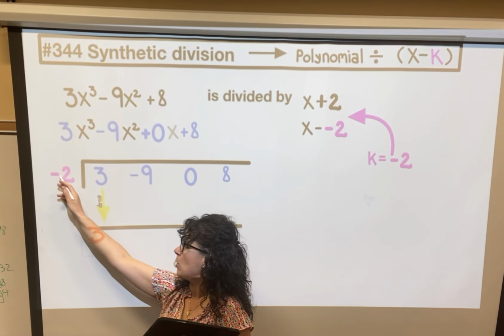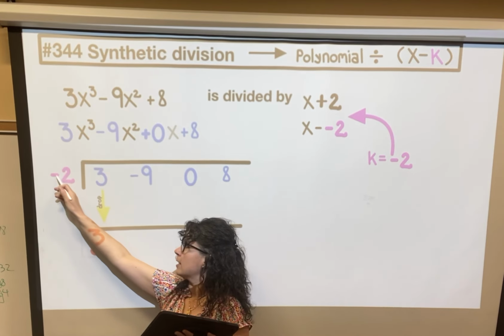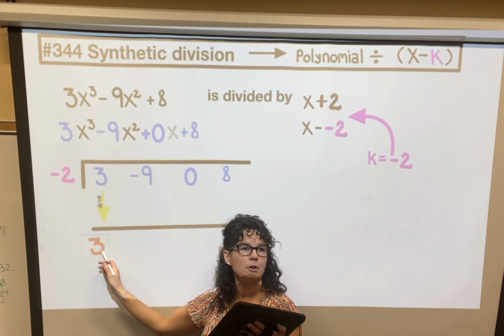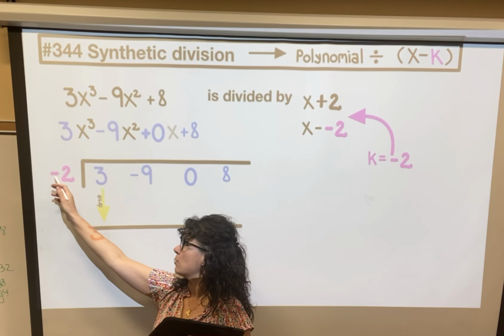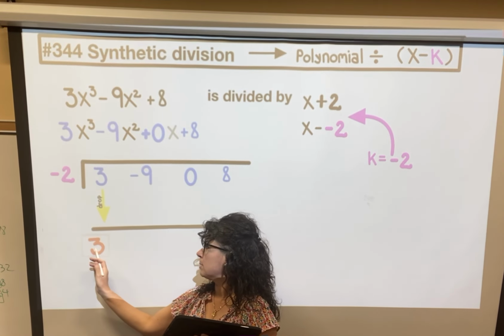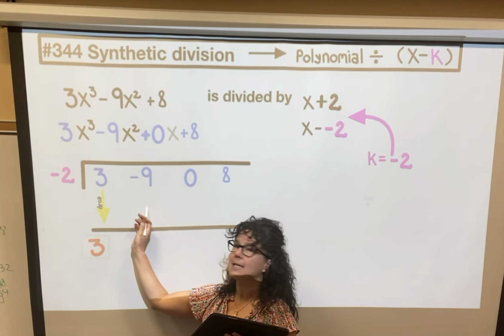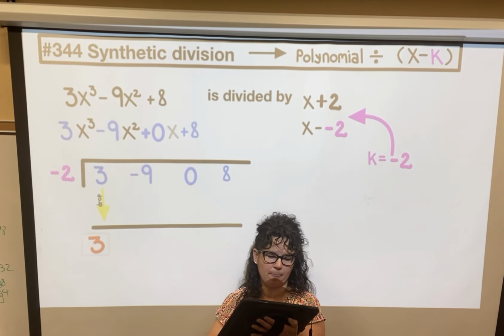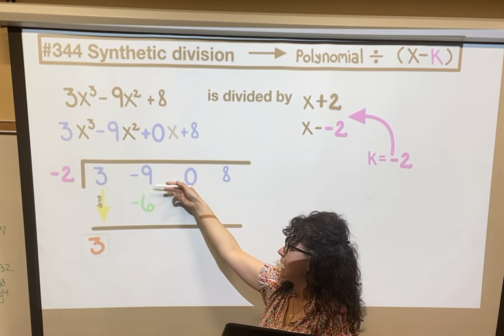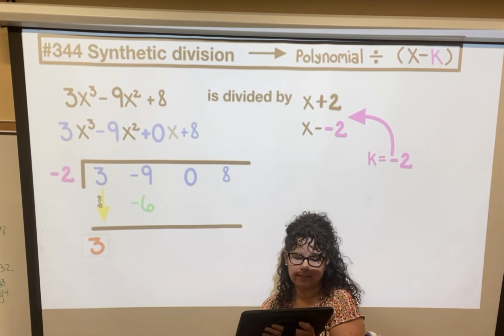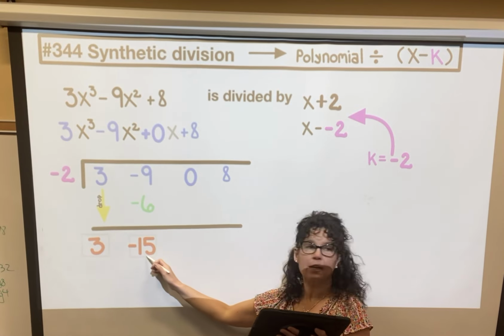We're always going to multiply the k value by the number underneath the line, write it down, add it together. So -2 multiplied by positive 3 is -6. Add those together, -9 and -6 make -15.